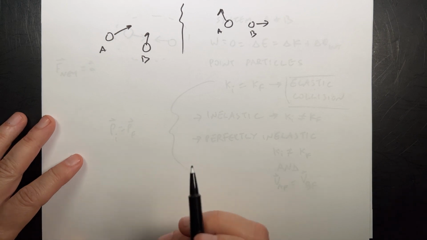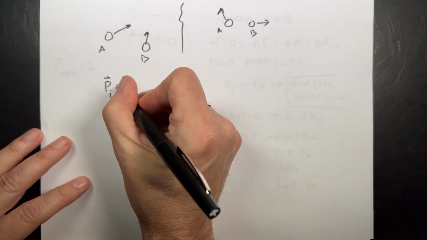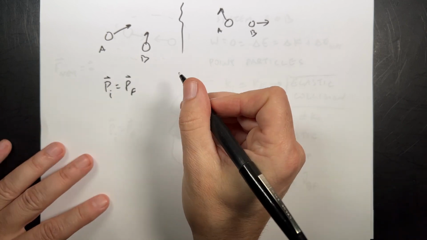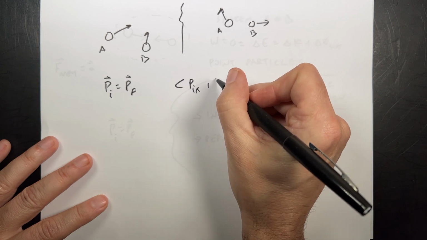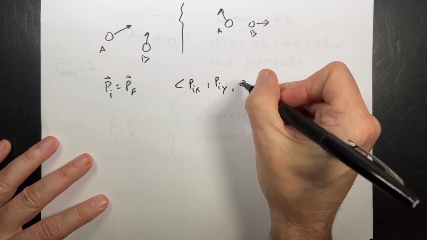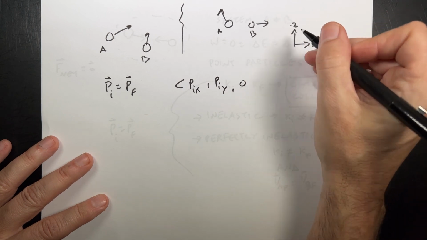So one of the things that we like to do is to say, if P initial equals P final, I write those as vectors. This would be P initial X, P initial Y, and then it's in the XY plane. There's no Z direction, just for now. You could put Z if you want.